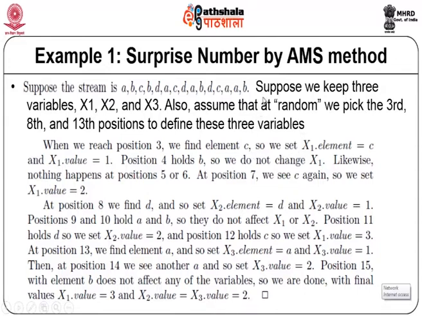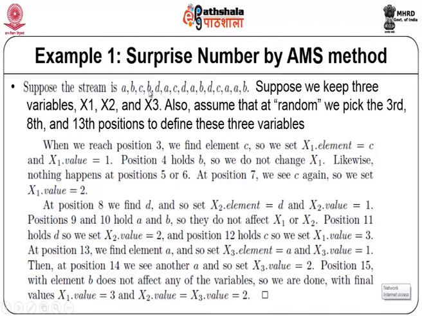Let us understand this example using the AMS method. Suppose the stream contains the following elements a, b, c, b till b, and assume you have 3 variables x1, x2, x3. Now, at random we are going to pick the 3rd, 8th and 13th position to define these 3 variables x1, x2 and x3.